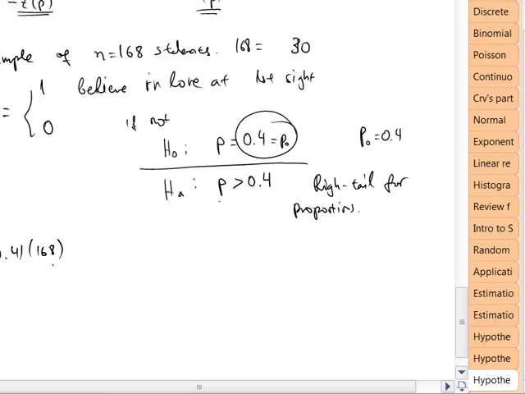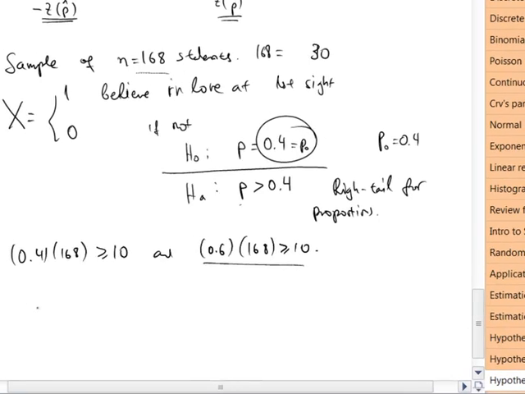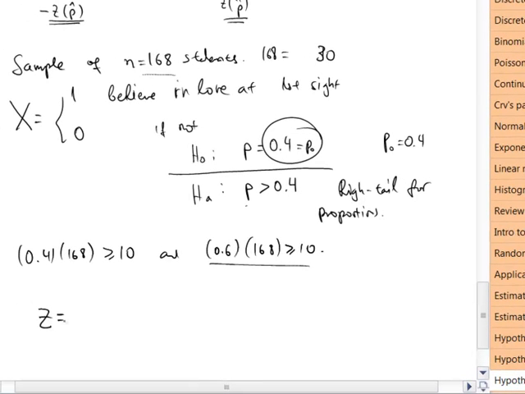Of course, that's over 70, definitely, and therefore it's greater than 10. And 0.6, which is 1 minus 0.4, times 168, is also greater than 10. So all the assumptions about the sample size are fulfilled. So we can use the z statistic to test.